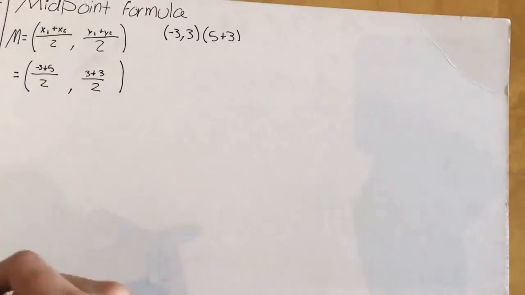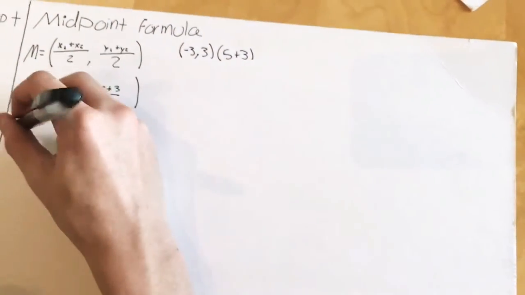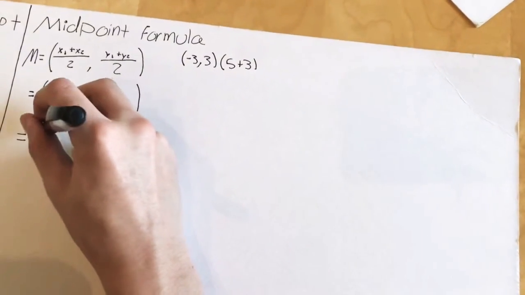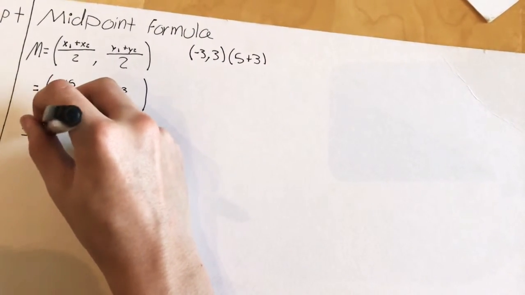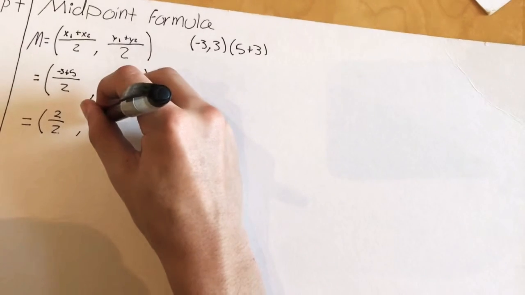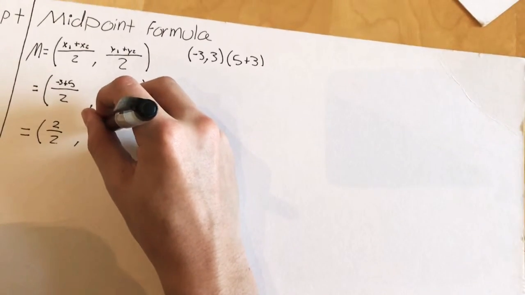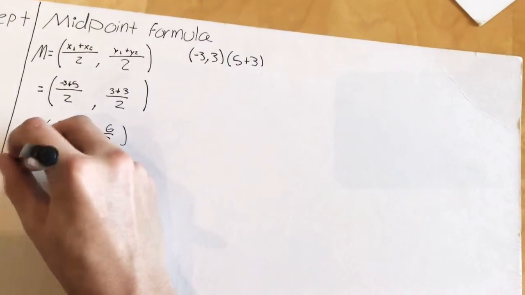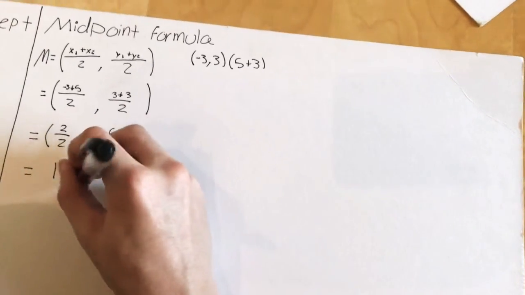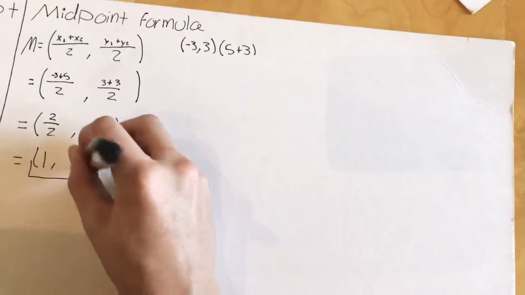When we have it like this, it is going to equal 2 over 2 and 6 over 2, and this will equal 1, 3, and this is our midpoint.